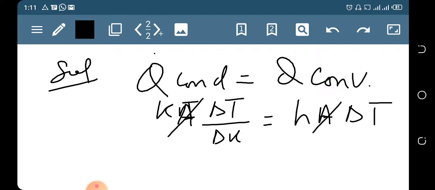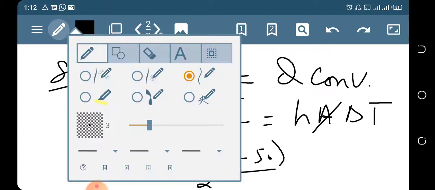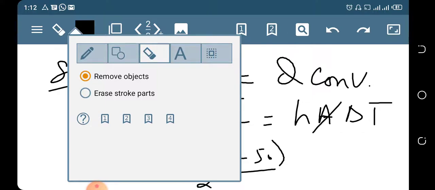Okay, now the value of K is 80 and T2 is 60 minus 50, and the thickness we have is 15 centimeter.